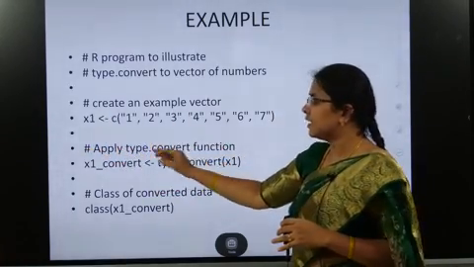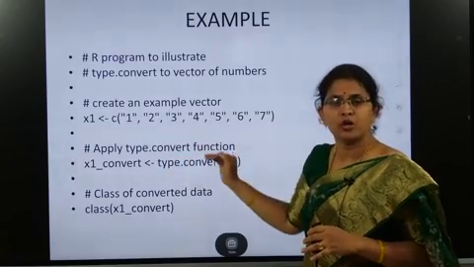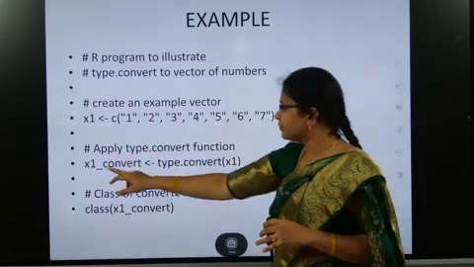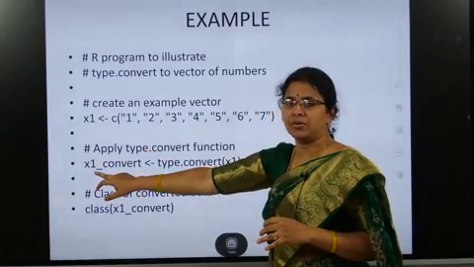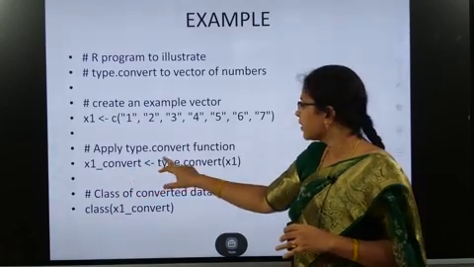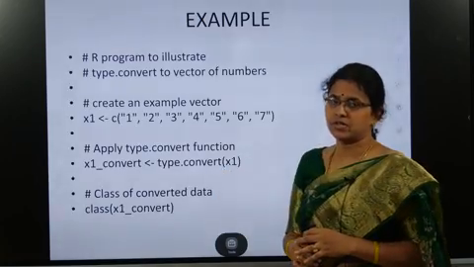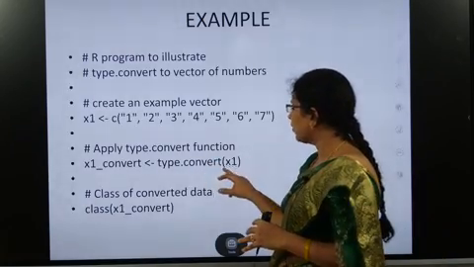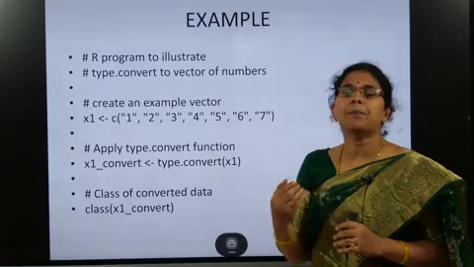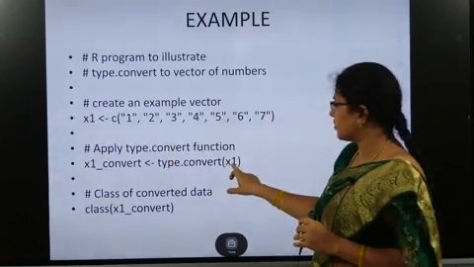And next, I have to apply the type.convert function. For that I am using another variable, x1_convert, less than hyphen type.convert of, and for which variable are we applying the type.convert function? For x1. So that I am specifying here.